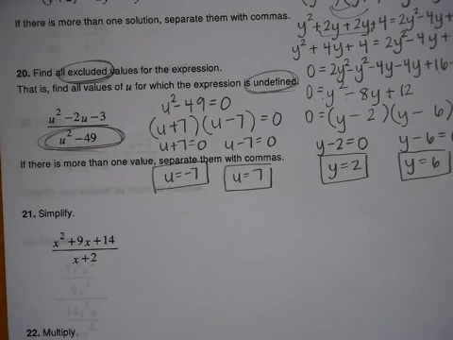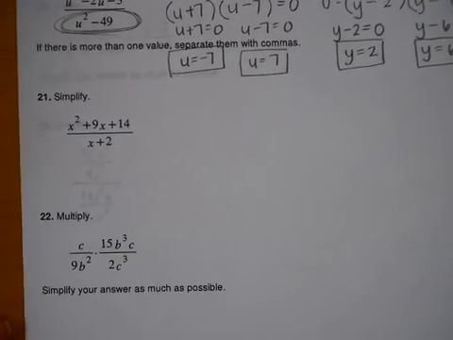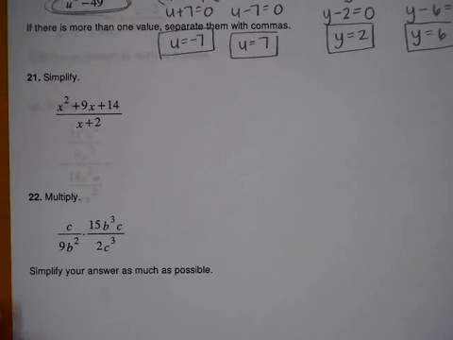Okay? Alright, let's look at 21. Starting on number 21 through the end of our notes, they're going to ask us to start simplifying, multiplying, dividing. What we're going to do is still factor anything that can be factored.